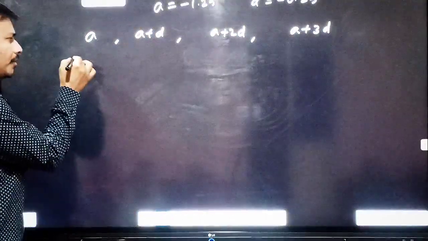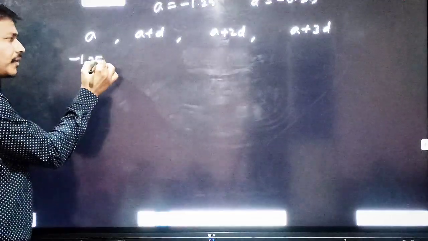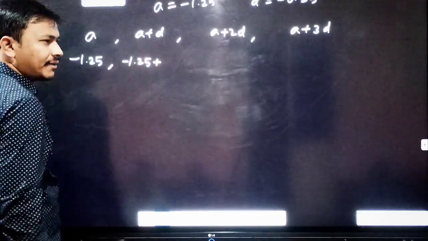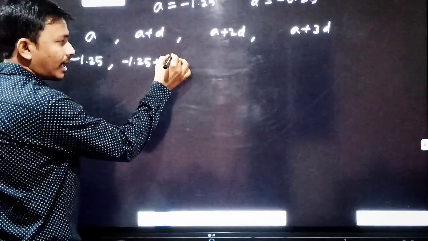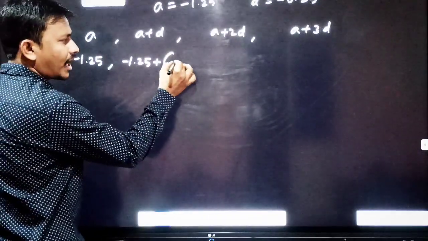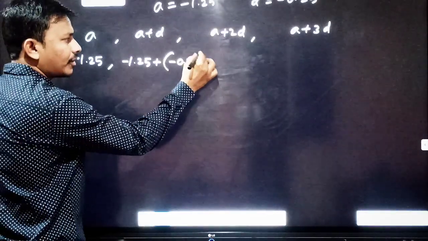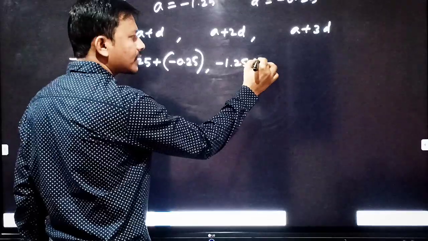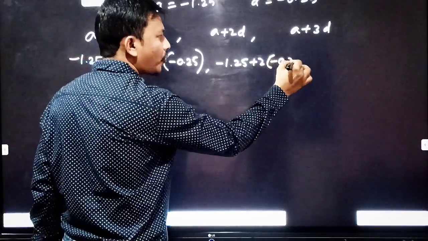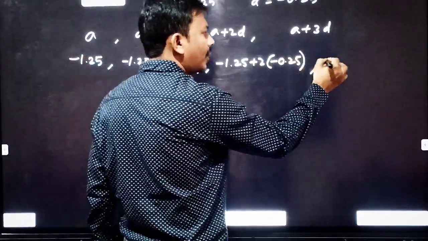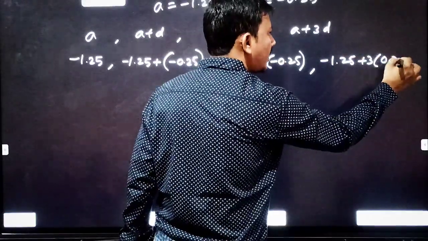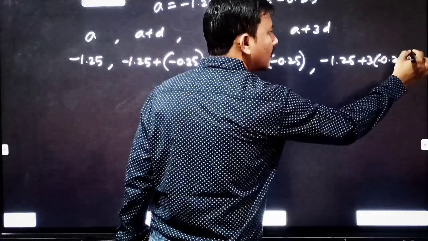What is A value? -1.25, comma, -1.25 plus what is D value? Minus is there. Minus means bracket. -0.25, comma. A value is -1.25 plus 2 in bracket -0.25, comma, -1.25 plus 3 into -0.25.